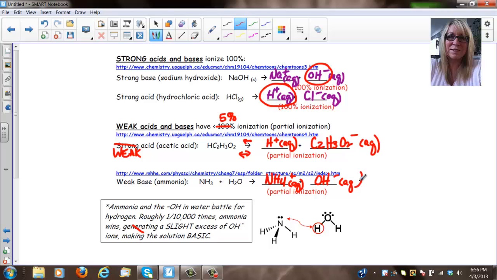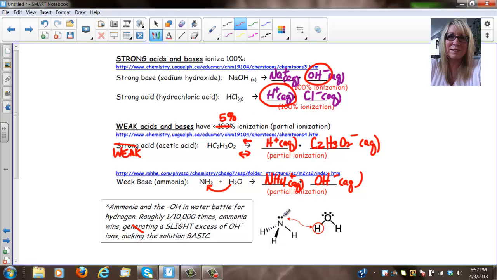This also reviews the Bronsted-Lowry acid-base theory because here the H2O acts as an acid because it is the H donor. The NH3 acts as the base. It's the H acceptor. Ammonia and the OH in water, right here, here's ammonia down here.